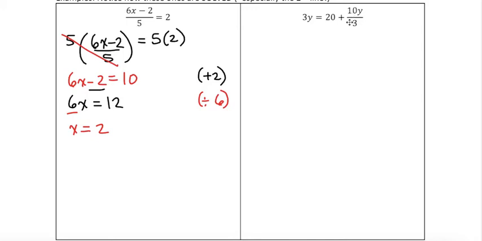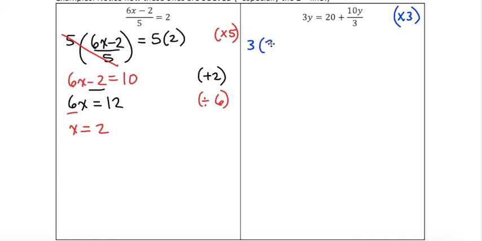In the first example, I multiplied every term by 5. That's what we did in the first step. In this case, I'm going to multiply every single term by my denominator, which happens to be 3. So this is what it looks like.